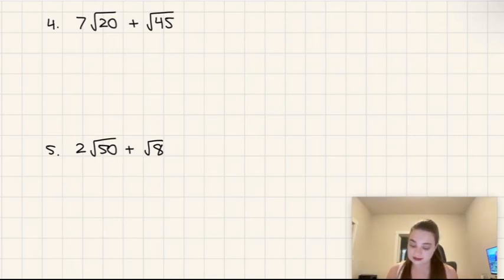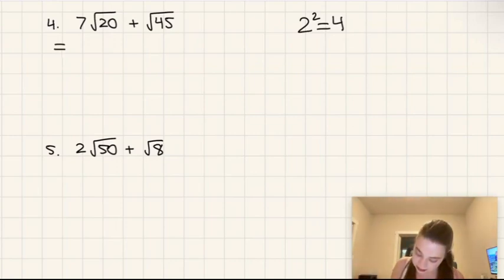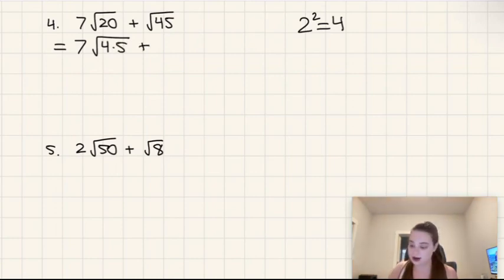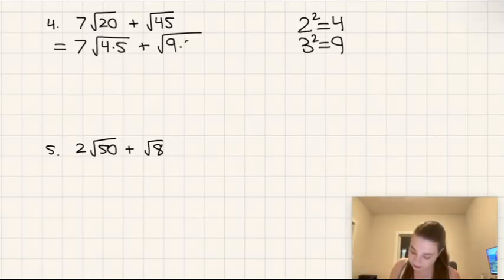Well, the thing is that 2 squared is 4, right? 2 squared is 4, and 4 is a factor of 20. Okay, so we can first say that this is equal to 7 times the square root of 4 times 5. We can do the same for 45, right? I know that 3 squared is equal to 9, and 9 times 5 is 45.